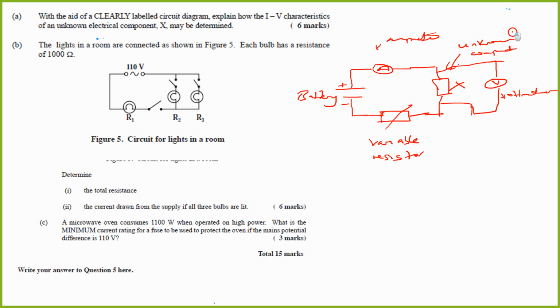And if the current changes, the voltage across that component will also change. So by constantly varying the current using the variable resistor, at some point I'll get enough values to plot an IV graph and show what kind of component it is, if you see what I mean.